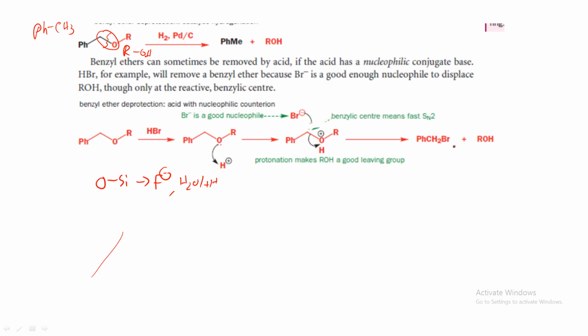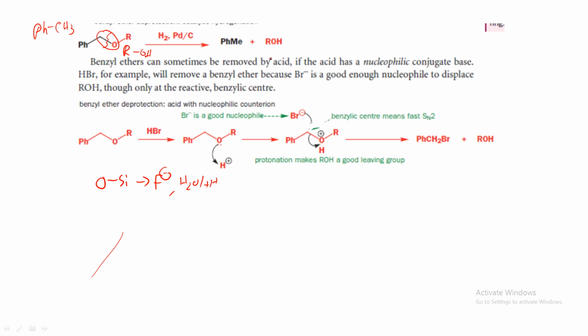HBr is a very strong acid, so your molecule needs to have some serious acid tolerance. If you have a group which is not that strongly acid tolerant, you would face problems deprotecting this. Then again, H2 with Pd/C, the palladium charcoal mediated hydrogenation, is there, but if you have an olefin type of unsaturation in your system, you would have some problem.